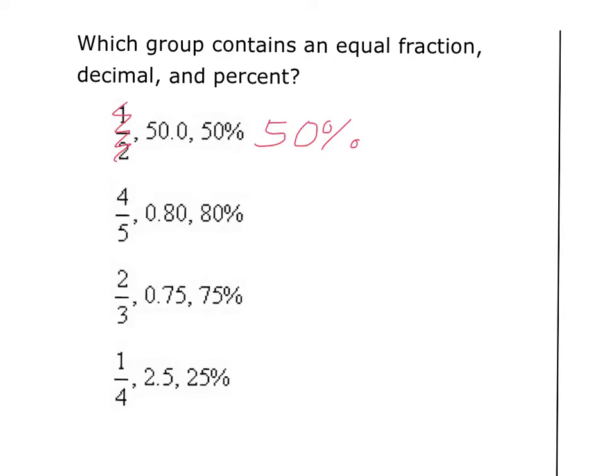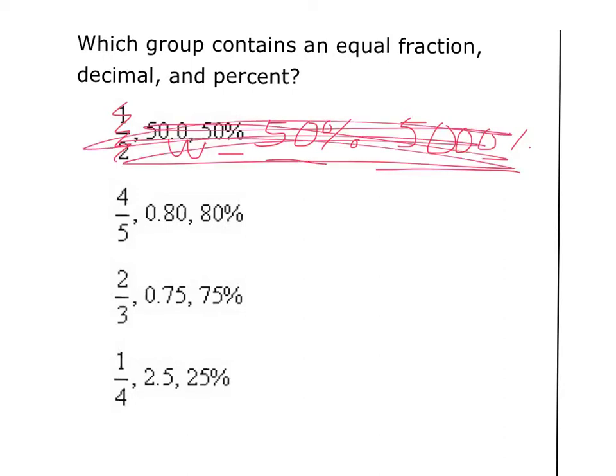Move it 2 times to the right. 1 and 2. That would give me 5,000%. Are all of those the same? 50%, 50%, 5,000%? No. Those are not all the same.